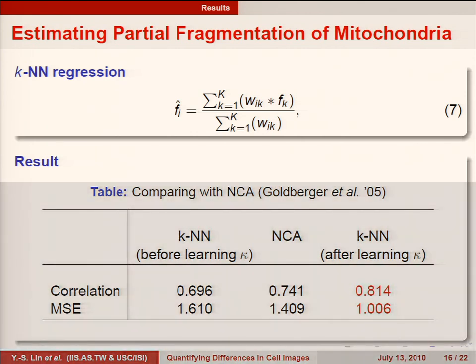And we compare our result with neighborhood component analysis. It's a method that was proposed in 2005 to improve the nearest neighbor classifier.